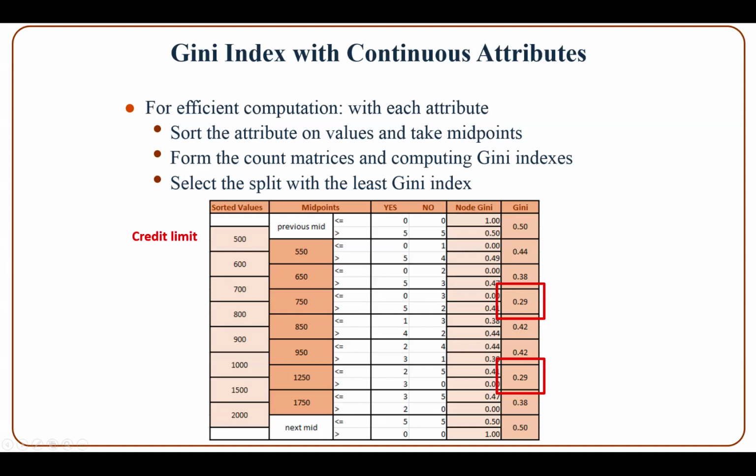This example shows how we process the credit limits attribute. At first, the values are sorted, and then the midpoints are computed. With each midpoint, calculate the count matrix.